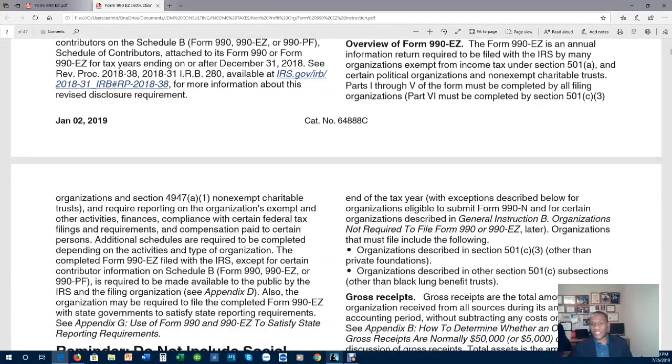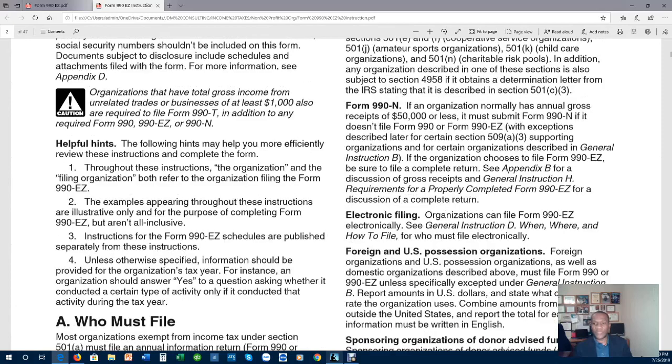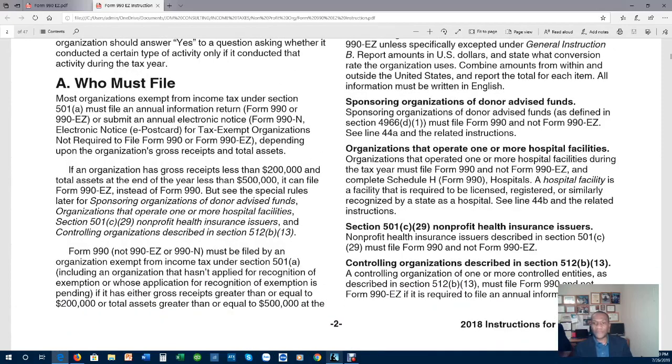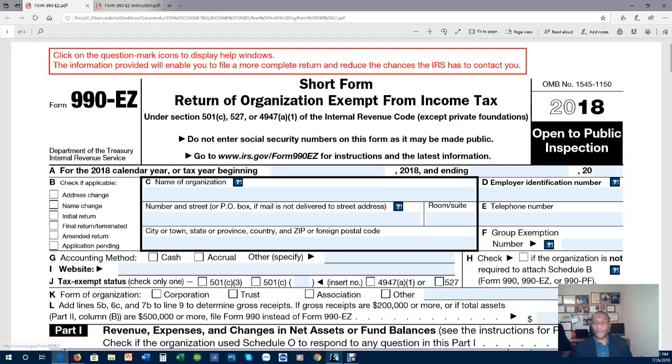And then general instructions, and then we'll have do not include your social security number. So let's go directly to the form, as we already went over who must file and so forth. Basically, Form 990 EZ is a short form, just like you have the 1040EZ for individual taxpayers.